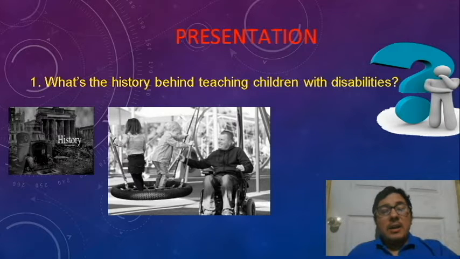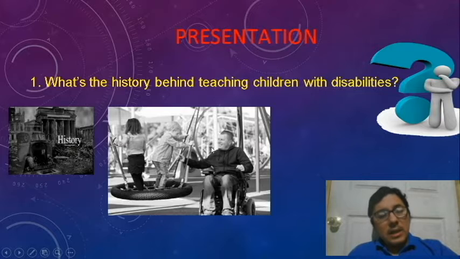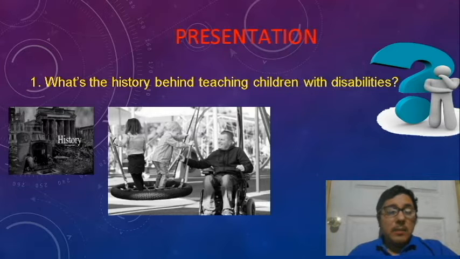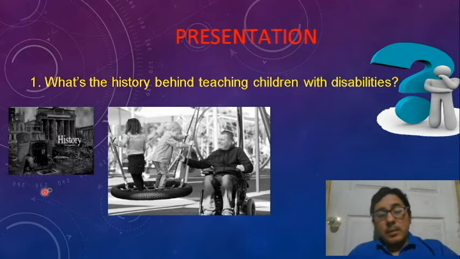In 1816, the first special education school was created by a man named William Gallaudet. As a result, many other schools followed the same example. At the beginning of the 1900s, professionals started to see that social interaction between children with disabilities and children without disabilities had a positive impact on education.